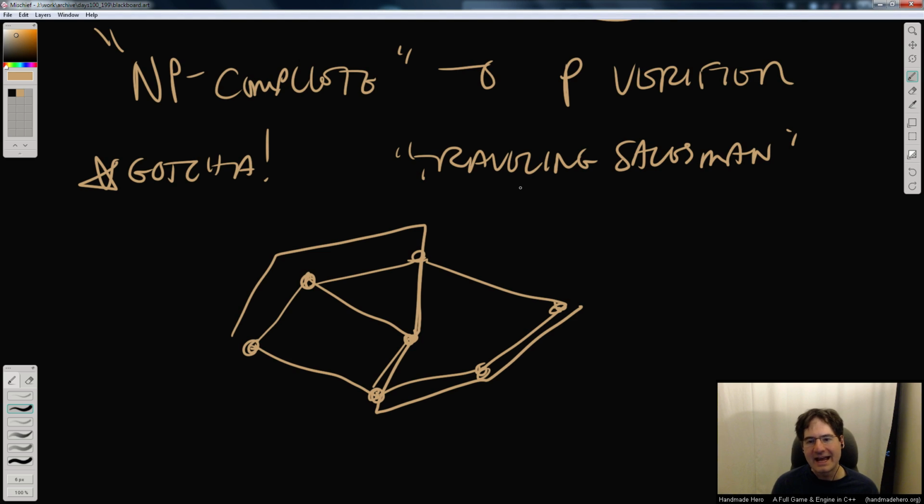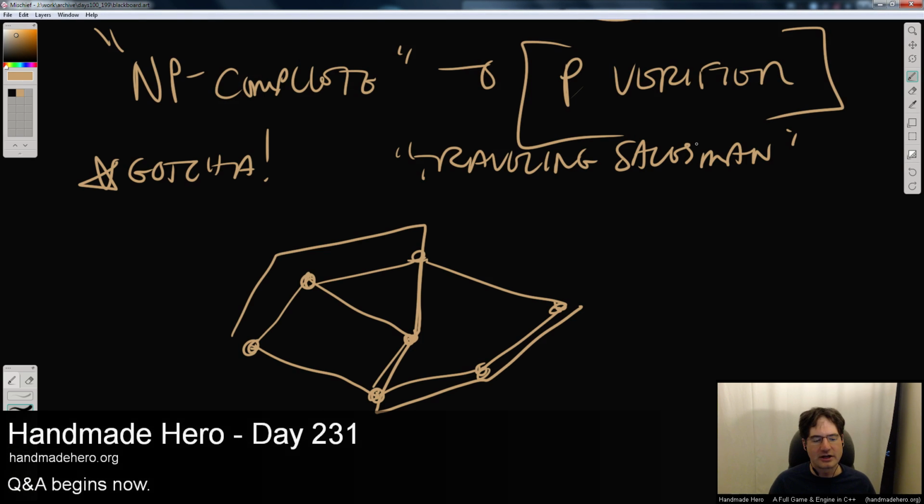The reason for that is because there is no P verifier for it, right? There is no way to actually verify the solution to the traveling salesman problem in anything other than also NP time. If I were to give you a solution and say, hey, I solved this particular traveling salesman problem for you, here you go, happy birthday, you'd be like, thanks, but that does me absolutely no good, because in order to verify it, I would have to go solve it myself again using another NP algorithm.